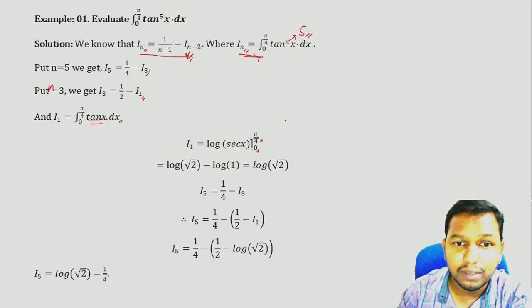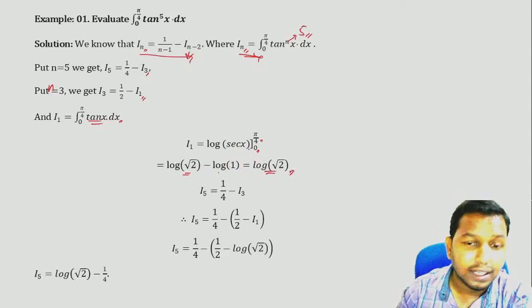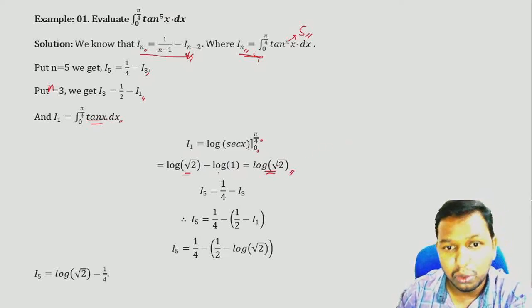So substitute the value, secant pi by 4 is root 2. Therefore we have log root 2 with respect to upper limit, and secant 0 value is 1. Therefore log 1 is corresponding to lower limit. So log 1 value already we know that it is a 0. Therefore I1 value finally it is equals to log of root 2.